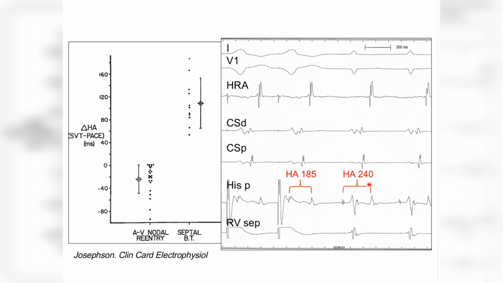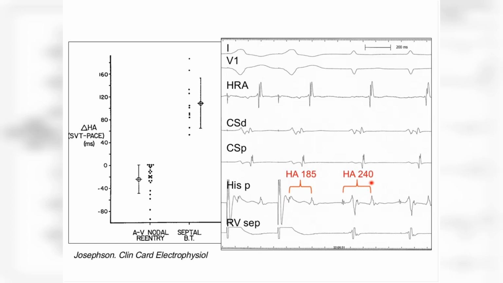But now when you compare the HA interval during ventricular pacing, entraining the tachycardia, now this is the His bundle signal here, and now the HA is 185. You can see it's almost 60 milliseconds less than the HA interval during SVT.